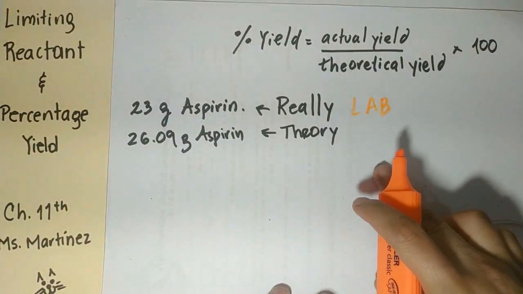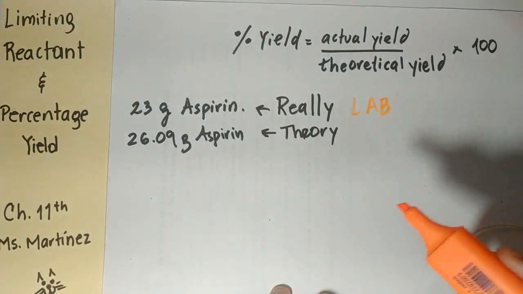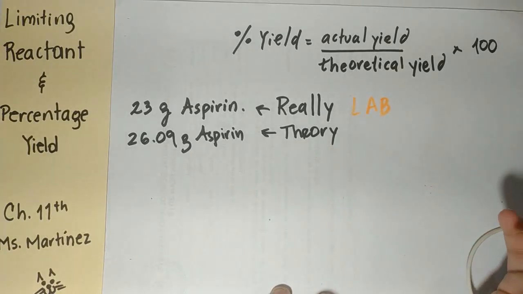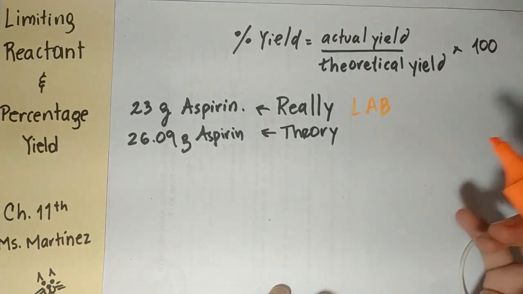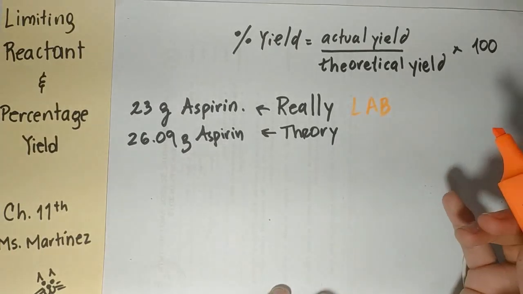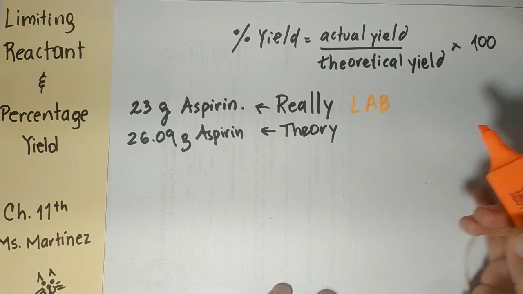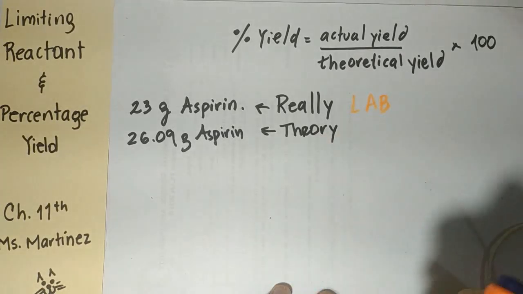And the theory, or the theoretical yield, will be the one that you obtain on paper, after a bunch of calculations. And you might be thinking, what if we are doing a mathematical procedure? We're going to say that that's theory, not because you are learning just theory, but because that's what you actually do in numbers.